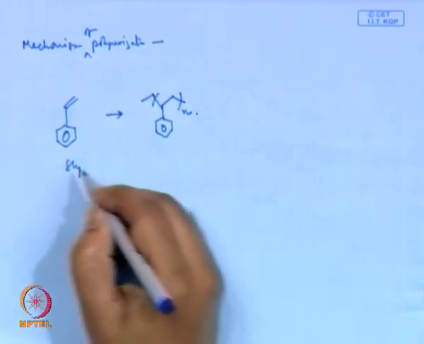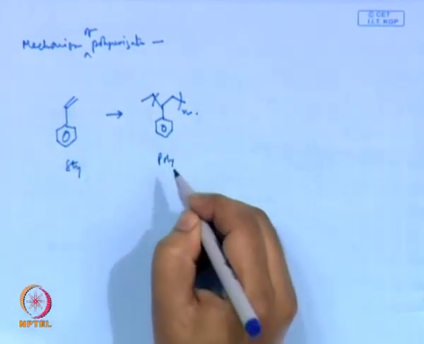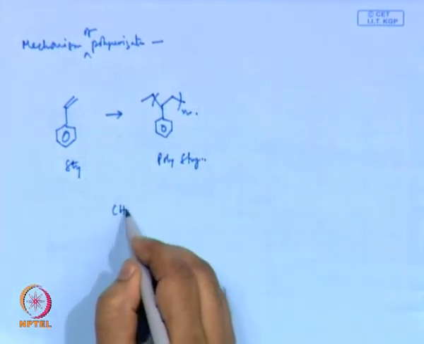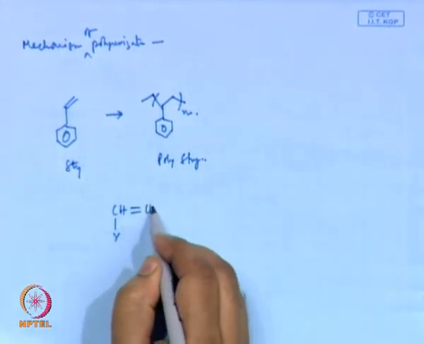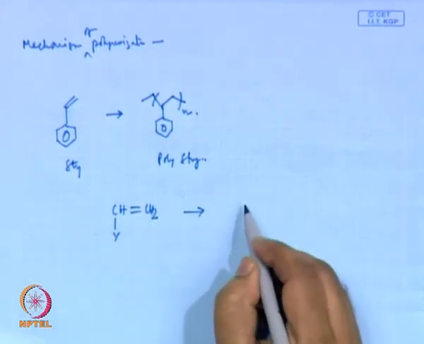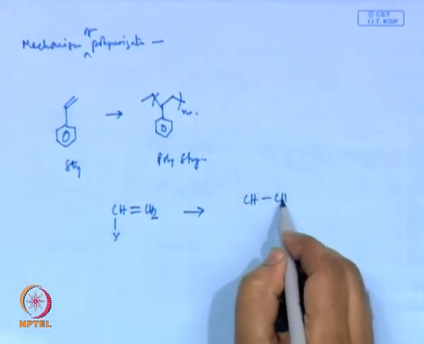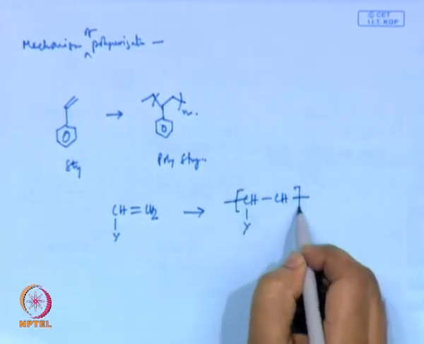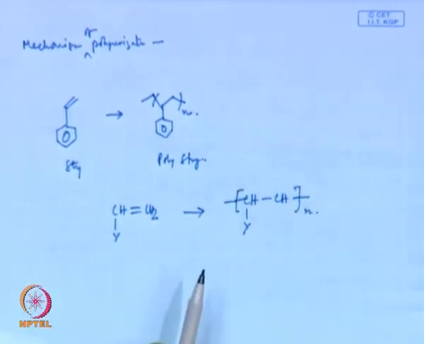You get polystyrene. I can write a general structure like this: CH2 gives a polymer. Now, how do we think that these polymers are formed?